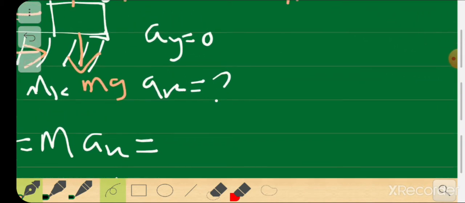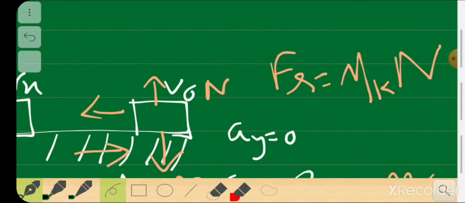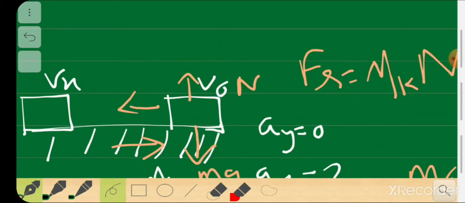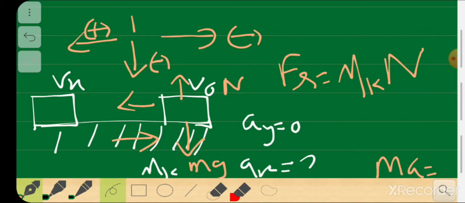Now, the total forces here, ma, must be equal to, let's take whatever is going to the left as positive, and whatever is going to the right as negative. Whatever goes down is negative, and whatever goes up is positive. This is our sign convention for this problem. I hope that's clear.